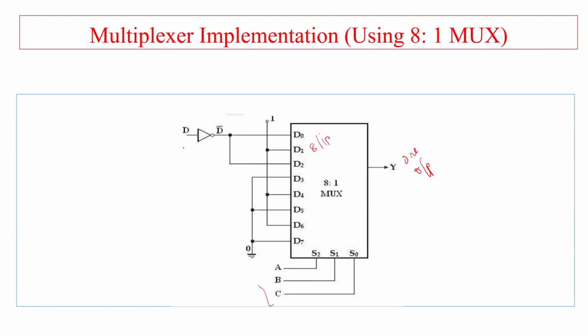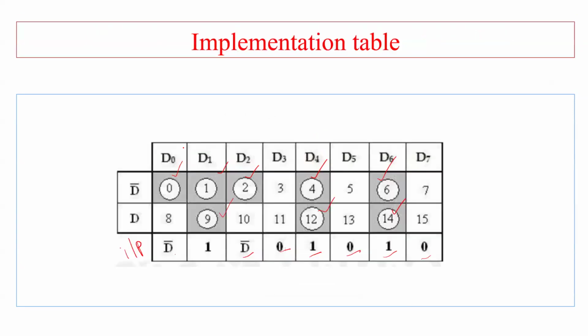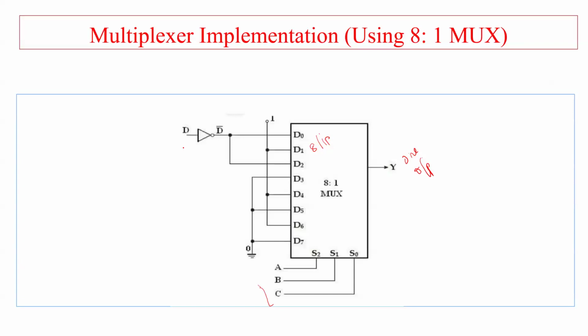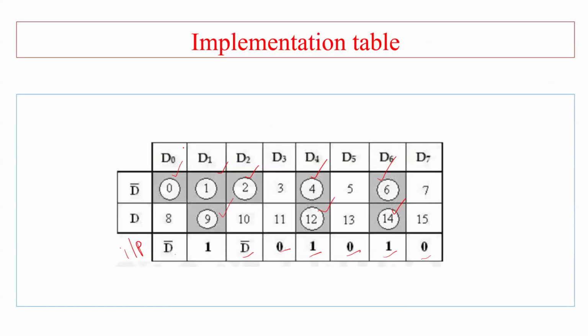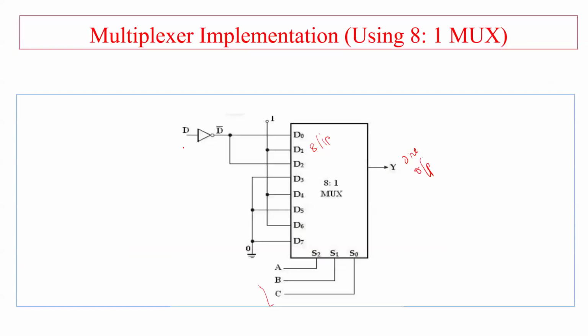So corresponding to D0, the input is D bar, D1 is 1, D2 is again D bar, D3 is 0, D4 is 1, D5 is 0, D6 is 1, and D7. This is the way to implement your 8:1 multiplexer.